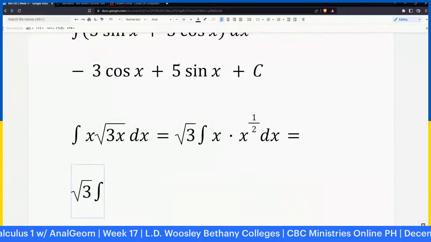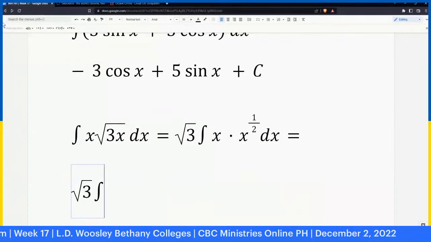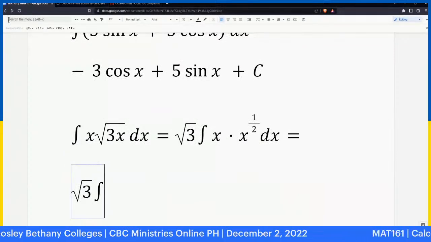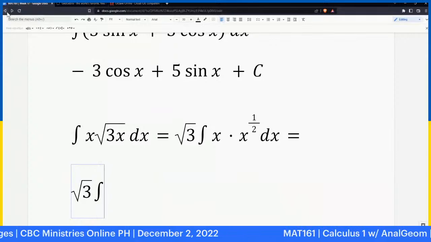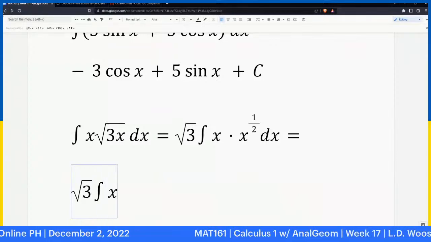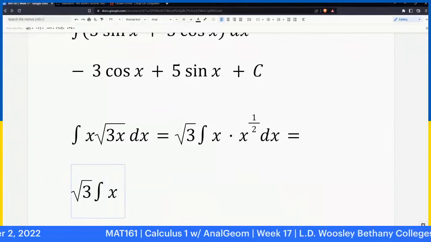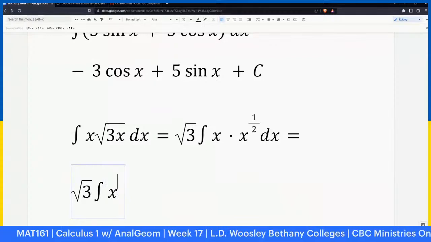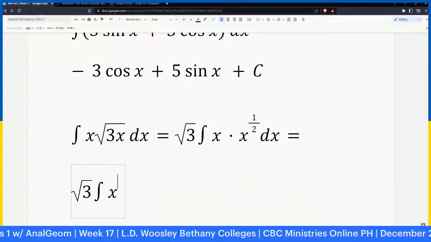It's like adding the exponents 1 plus 1/2. What's the answer? X raised to 3/2. Okay, correct.